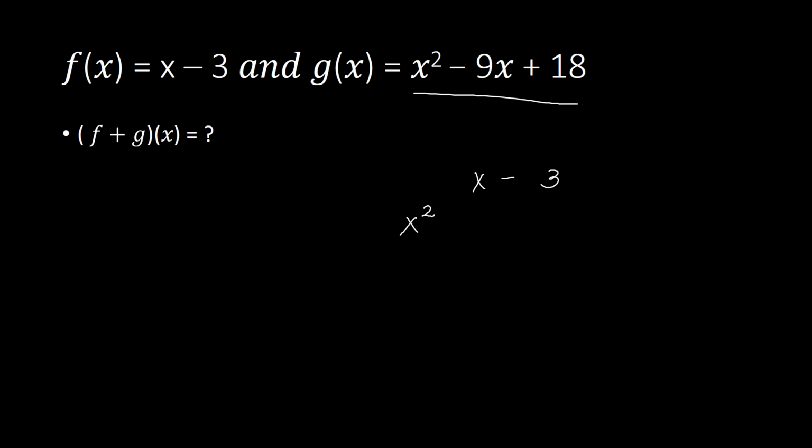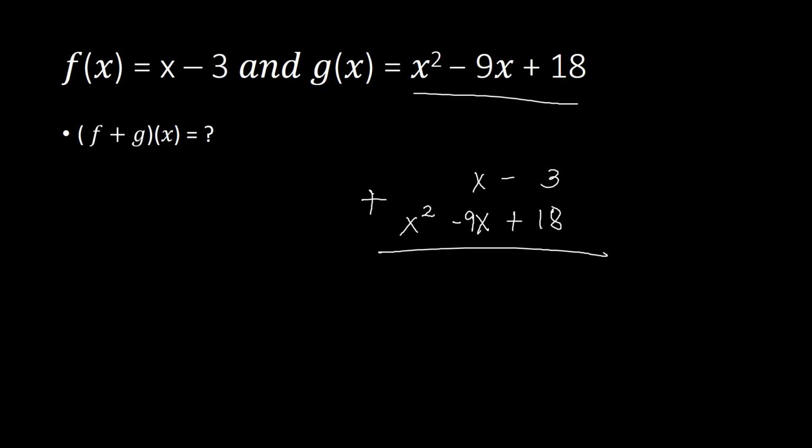We don't have an x squared in the first function, so we are not going to align that one with x because they are not like terms. Next one is minus 9x. We align that one to your x here because they are the same terms with an x. So we have minus 9x. Then we go for a plus 18. Then we add it up.